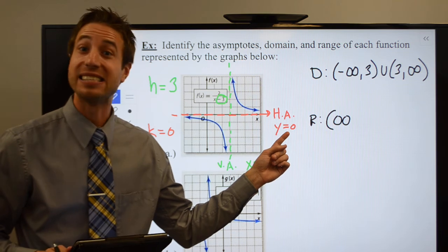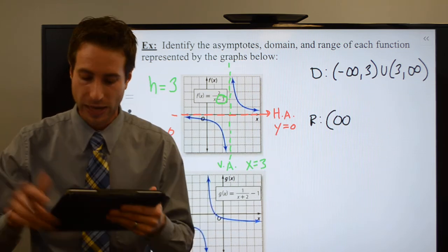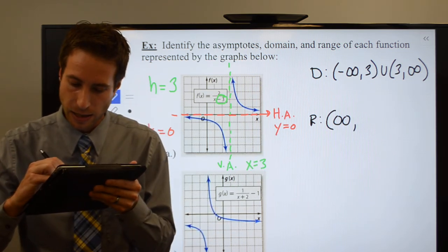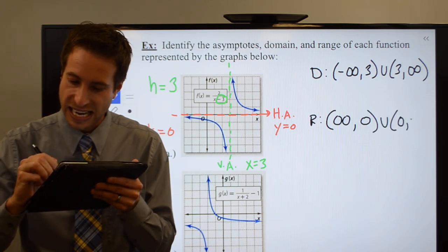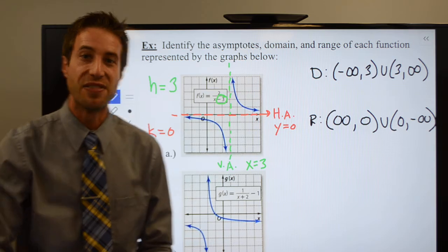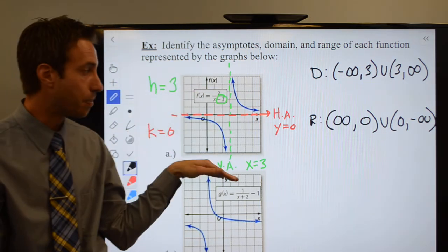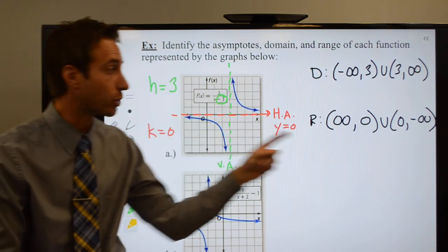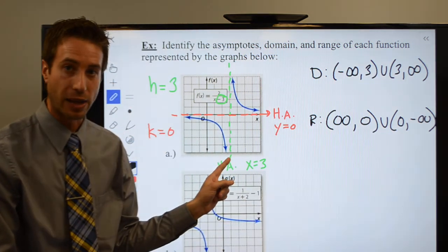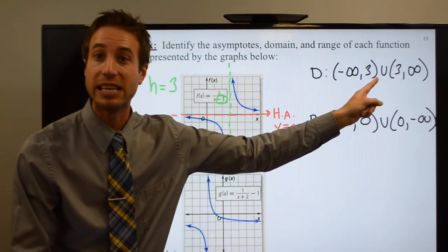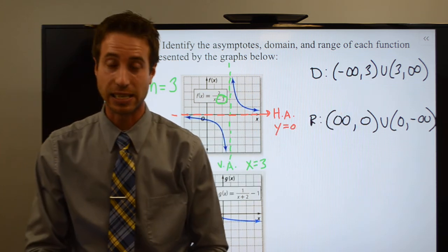So y equals 0 is the excluded value in the range in this case. Positive infinity to 0, union 0 to negative infinity. That is reading the graph top to bottom, and the horizontal asymptote will tell you what value in the range is excluded. The vertical asymptote will tell you what value in the domain is excluded.